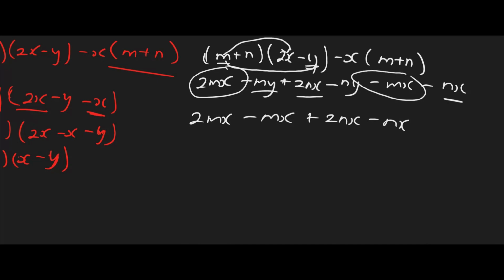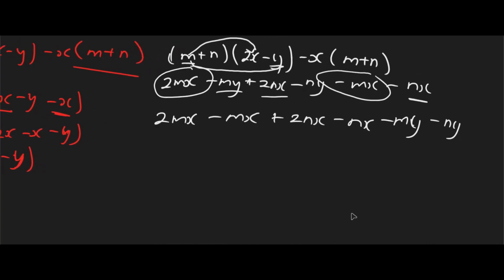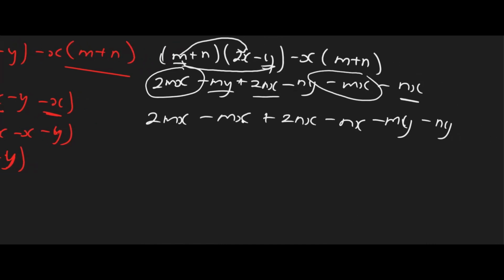So you have minus my, minus ny. So 2mx minus mx is going to be mx. So we have mx here. And 2nx minus nx is going to be plus nx. And we come to minus my minus ny.